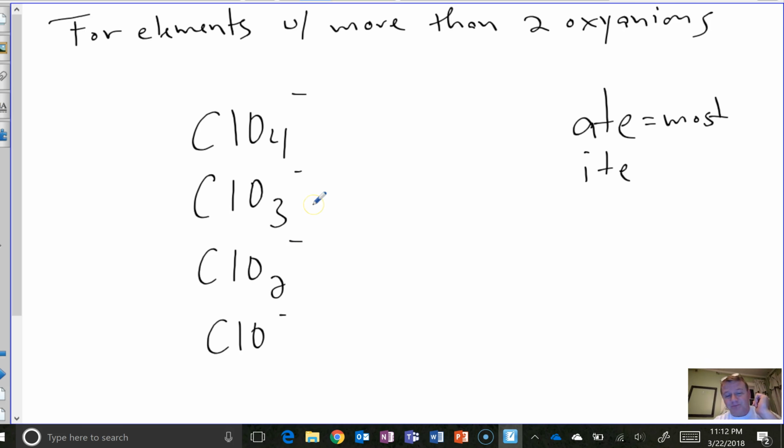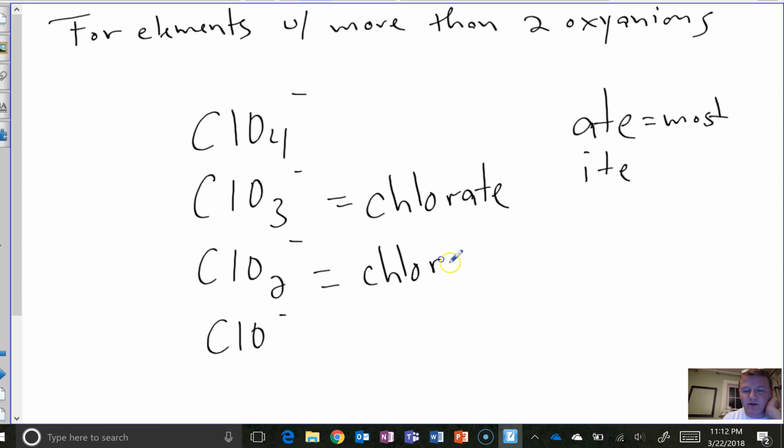So in this case, what we encounter is the ClO3 getting the ATE. So we would name this chlorate. And then, like the rule states, the one below this with 1 less would be chlorite. Okay, so that leaves the one with ClO4 and then ClO with no names.